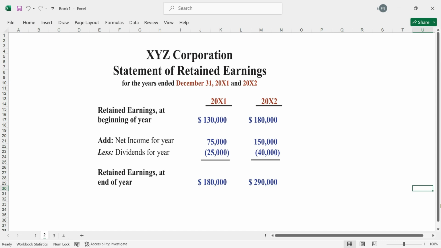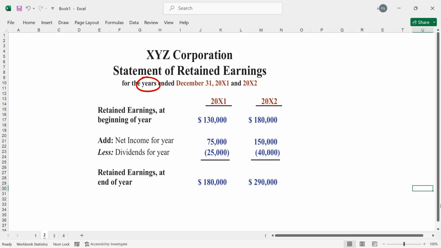Again, we'll start with the name of the corporation, XYZ Corporation, and then the title of this particular statement is the Statement of Retained Earnings, or sometimes referred to as a statement of changes in retained earnings. Either way is okay. Notice that the dating for this statement is a little bit different than we saw for the balance sheet. This is for the years ended December 31st, 20X1 and 20X2.